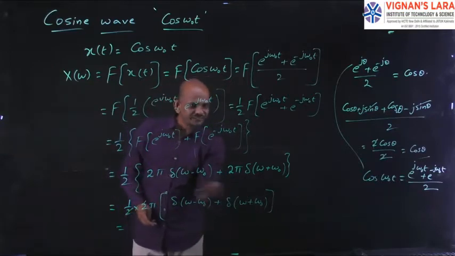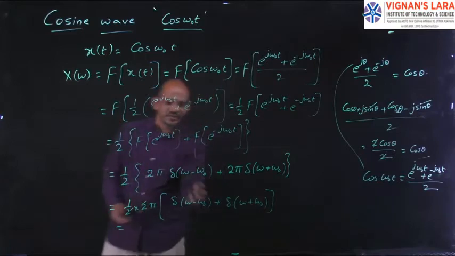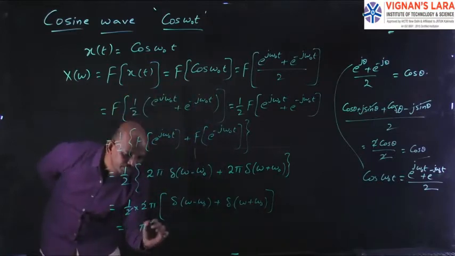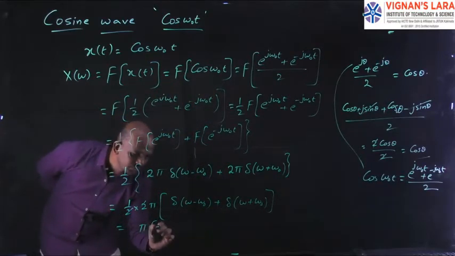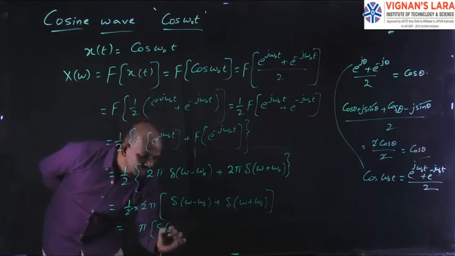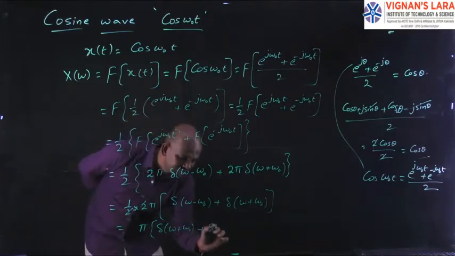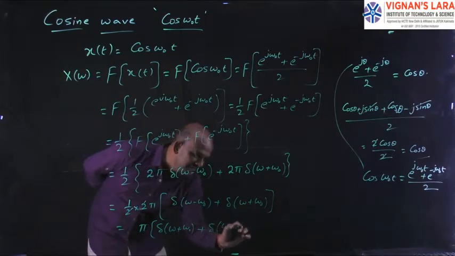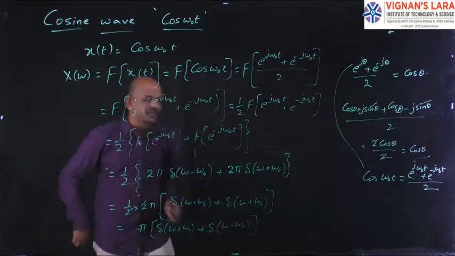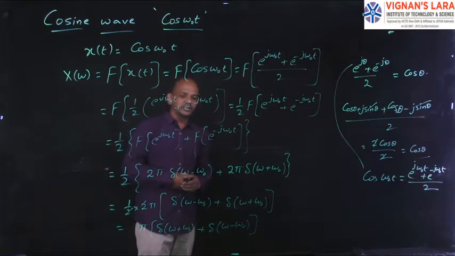a plus b and b plus a are both the same, so I will write this first one as π into δ(ω + ω₀) plus δ(ω - ω₀).